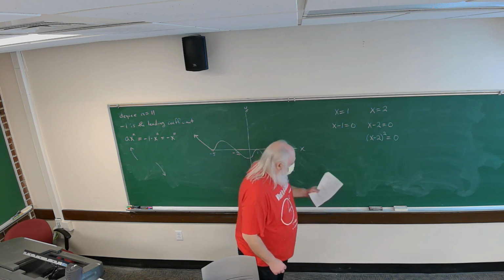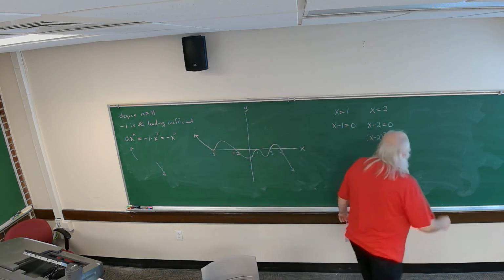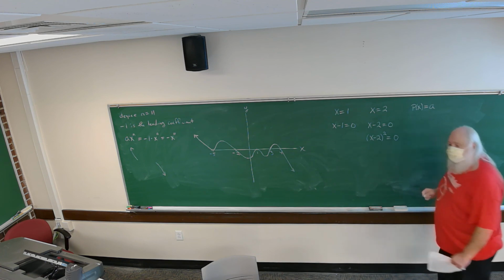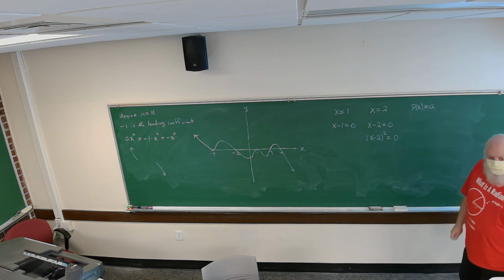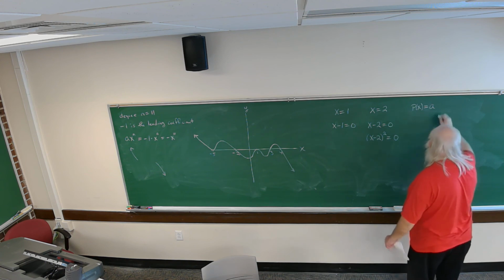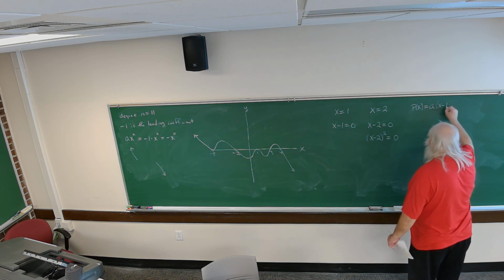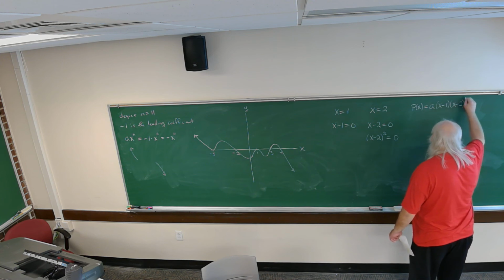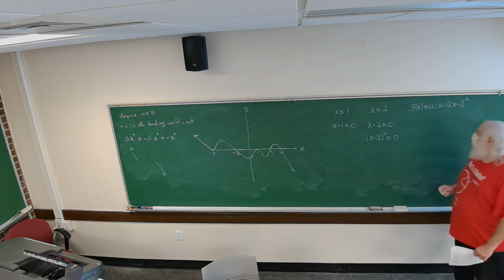So we can write the polynomial function p of x as the leading coefficient a, we don't know what its value is yet, times these two factors, x minus 1 times x minus 2 squared. Right?